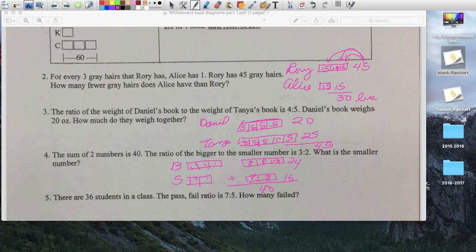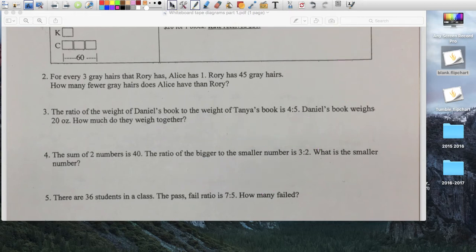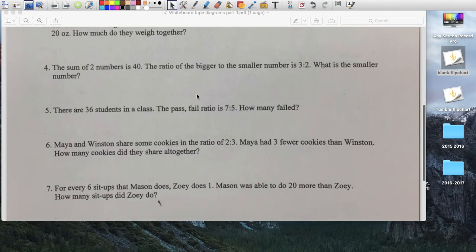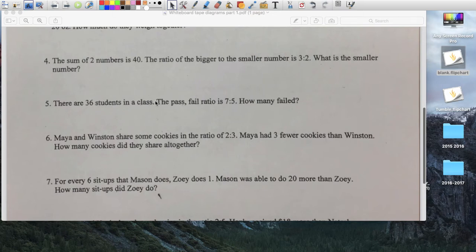There are 36 students in the class. Pass-fail ratio is 7 to 5. How many kids failed? So let's write pass, fail. 1, 2, 3, 4, 5, 6, 7, and 1, 2, 3, 4, 5.